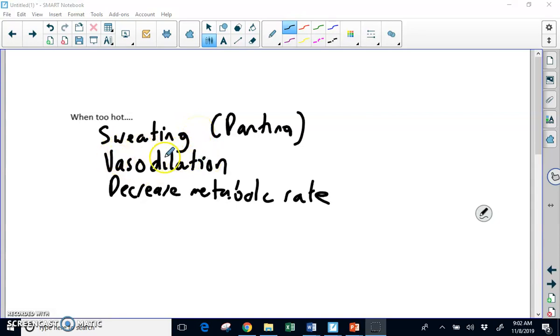Another one is vasodilation, and it's the reverse of vasoconstriction. Here the blood vessels expand and go closer to the skin to allow heat to escape, and that's why you get red when you're hot, is that the blood is rushing closer to the skin to lose heat to the environment. And then lastly, you'll decrease your metabolic rate or decrease respiration, which will decrease the production of heat, so that you're not producing internal heat. That is the end.